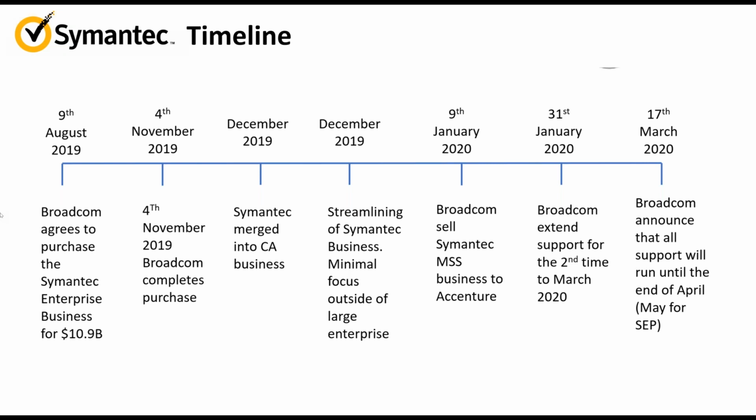So I wanted to start by putting together a timeline of what's happened over the last 6 months since that acquisition was made. Back in August last year, Broadcom agreed to purchase the Symantec enterprise business for just shy of $11 billion. What I mean by the Symantec enterprise business is anything that they were selling into corporations. So Norton, you can still go and buy a copy of Norton from PC World, but that's nothing to do with Symantec anymore.